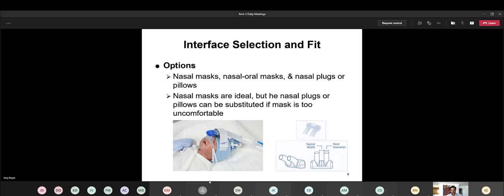So really, again, depending on how large of a pediatric patient you're working with, you may have the option of, like in the case of an 8-year-old, you'll use like a nasal oral mask, maybe. Or you may still use a nasal mask. But when it comes to little tiny ones like this one, you're going to be going between either a nasal mask and the nasal prongs or nasal plugs, as they're calling it here.